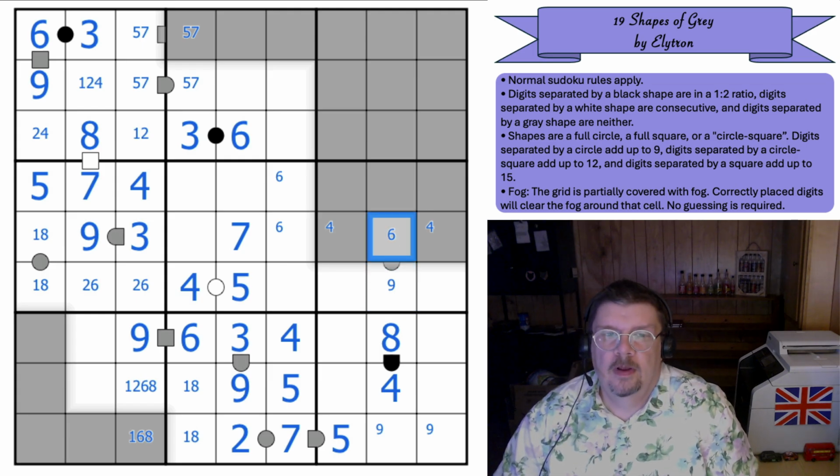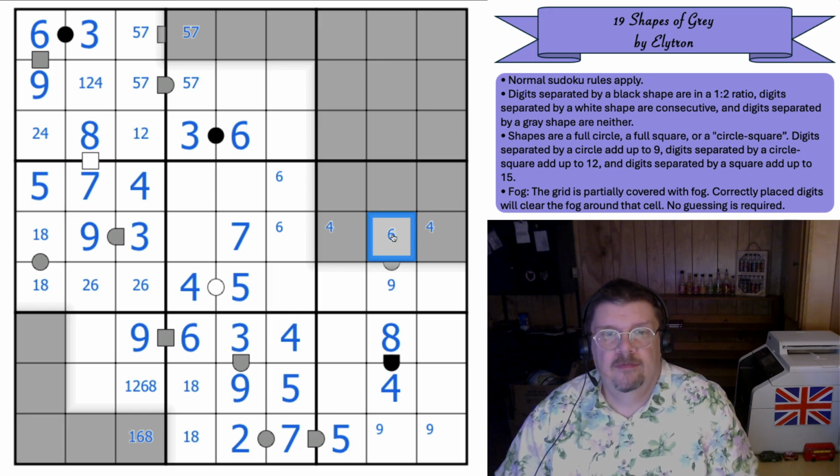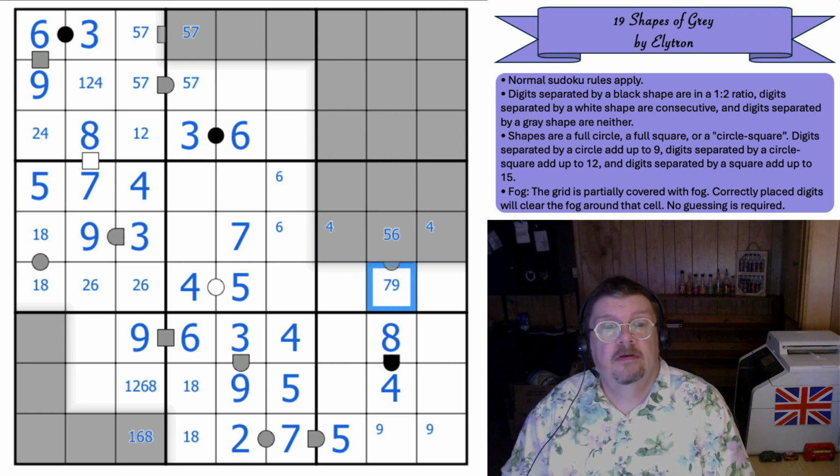If it adds up to 12, it must be 5, 7. So that would be a 5, and that would be a 7.